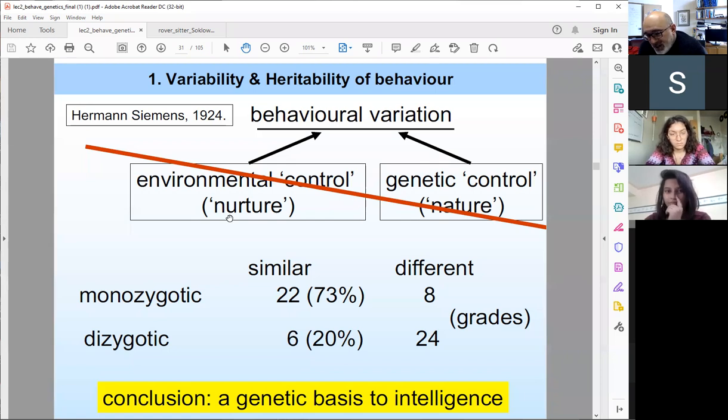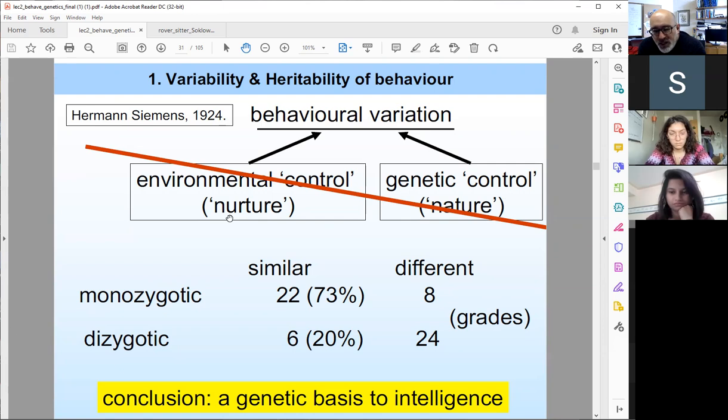Now, having said that, and we're going to get into this a bit more later on, this does not mean that genes control intelligence. There are genes that are associated with intelligence, whether you use this data here, or there are others that we'll talk about. But I just want to be clear that there is no sort of nature versus nurture aspect of this.